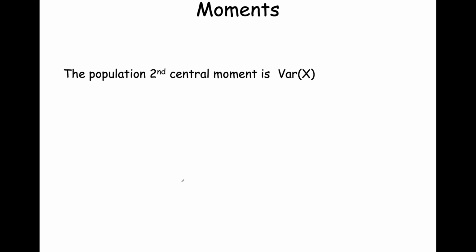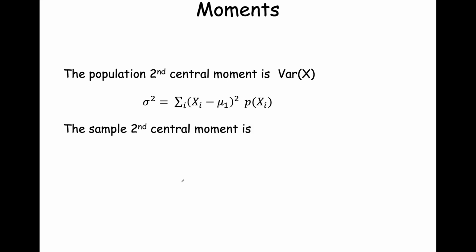And so if we look at the second central moment, that's the variance. Here's our equation for the variance, which is the expectation. So we sum xi minus mu1 quantity squared times p of xi. And for the sample second central moment, we have two versions of the second central moment: the population version and the sample version. Here's the sample version.